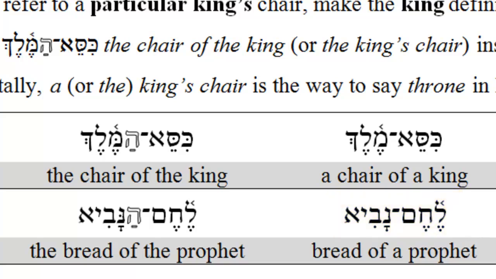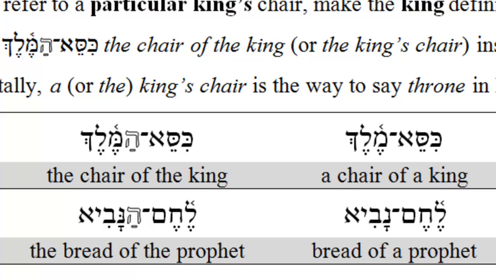But if, on the other hand, you wish to say that this is the prophet's bread, the particular prophet's bread, once again, attach the definite article to the last member of your phrase, that is the possessor, in this case the prophet who's possessing the bread. Put the article on that last word, and then put them together. Lechem ha-navi, and that is the bread of the prophet.